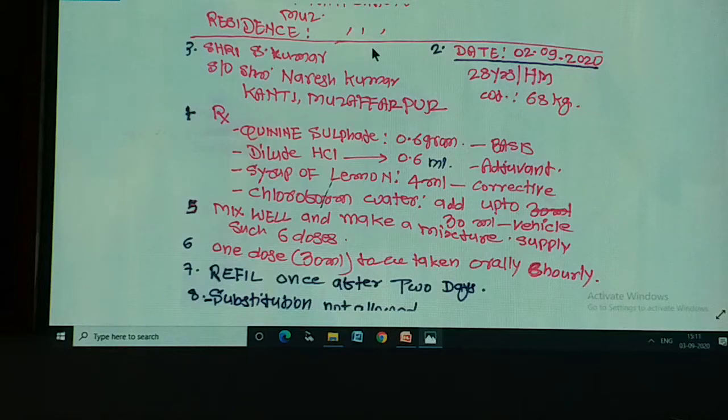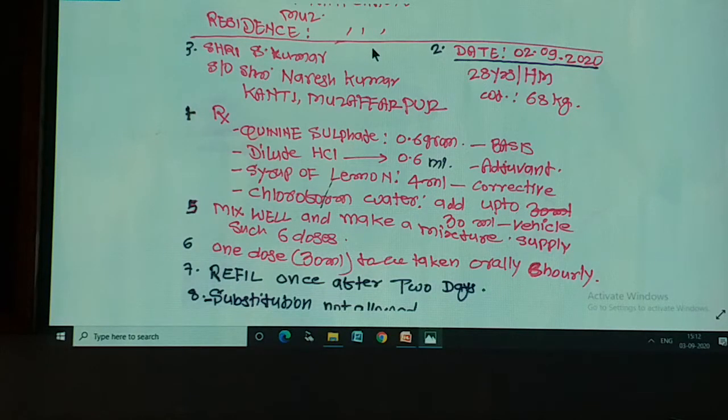Here quinine sulfate 0.6 gram, which is the basis, that is principal or main ingredient of the medicine, dilute HCl 0.6 ml, which acts as an adjuvant, syrup of lemon 4 ml, which acts as corrective, also known as purigent. Chloroform water add up to 30 ml, which acts as a vehicle.